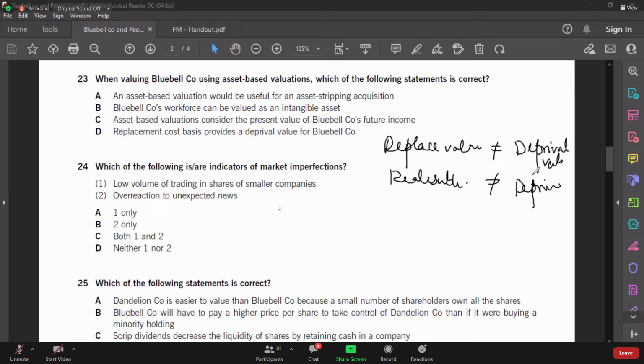Your deprival value actually comes in between your replacement value and realizable value. So that's why it does not provide a proper basis for valuing the company.